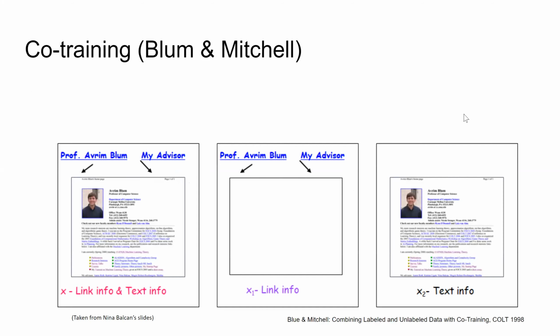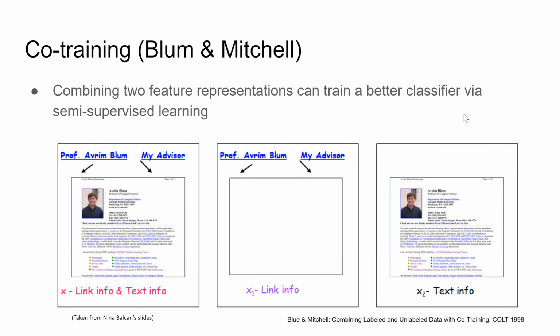So here is the main idea. We're really inspired by this co-training idea, which combines two different representations to train a better classifier. The example is if I want to train a classifier for whether a website is an academic website or not.